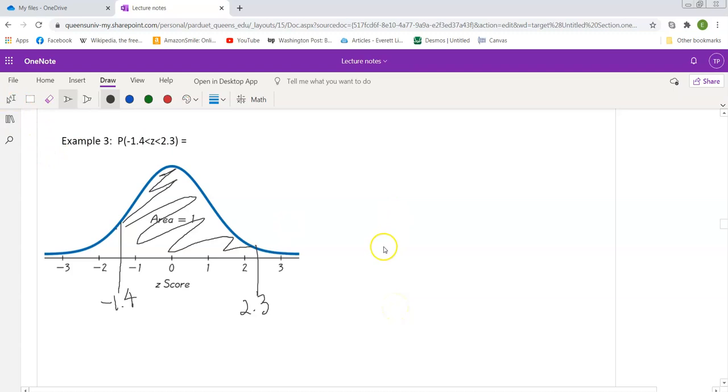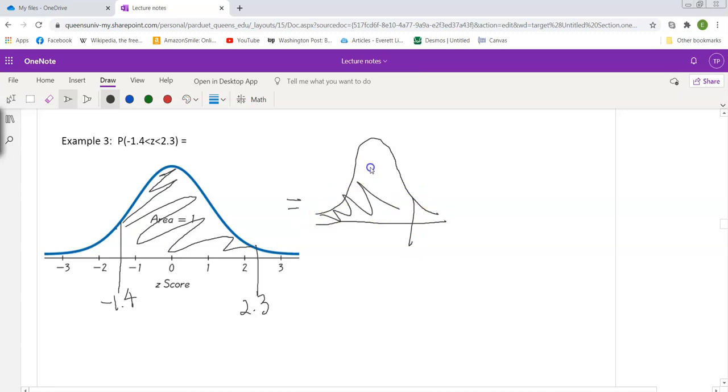I'm going to see how clever I can be with the sketches. Well, I'll just draw this one. Here's what we're going to do. We're going to find this top area, and then we're going to subtract the bottom one. So in other words, 2.3 is there.